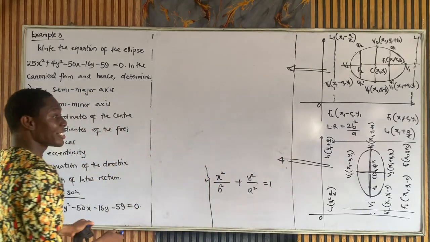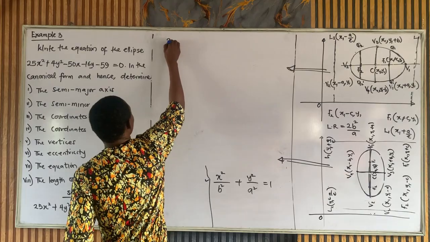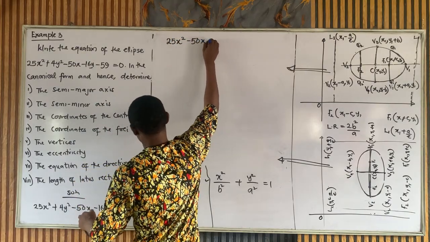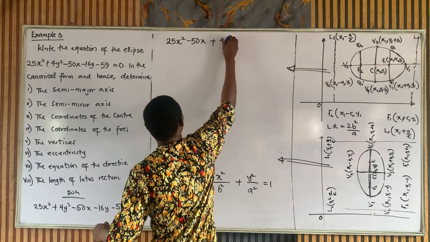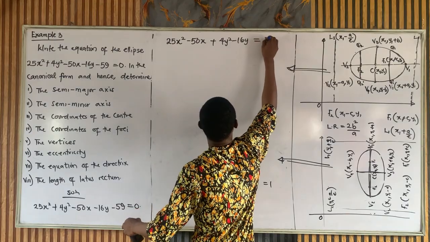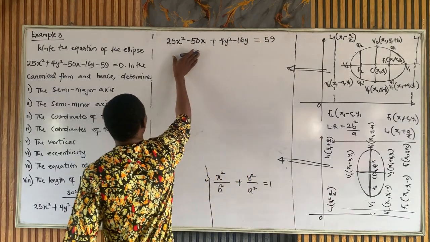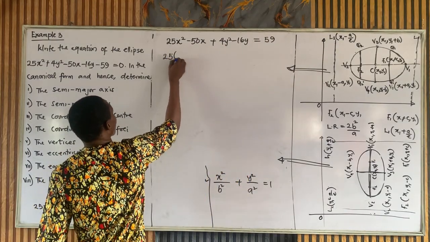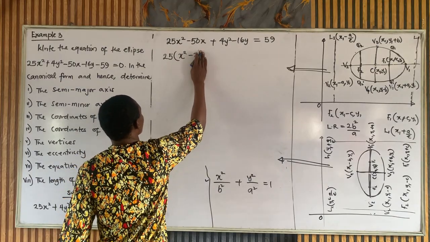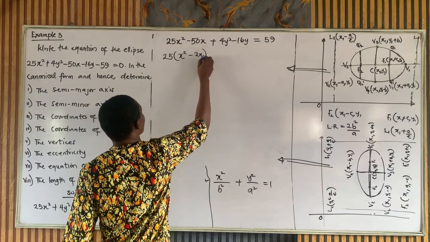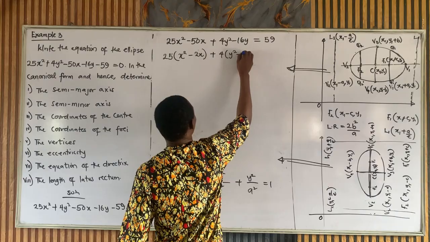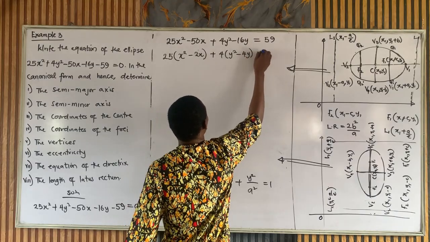Now, I can rearrange this to be 25x squared minus 50x plus 4y squared minus 16y is equal to 59. Now, factorizing this gives us 25 times x squared minus 2x, plus factorizing 4 here will give us 4 times y squared minus 4y.